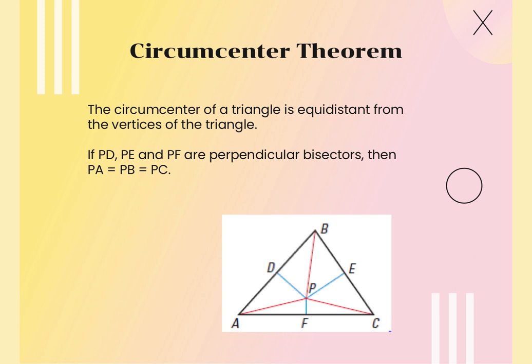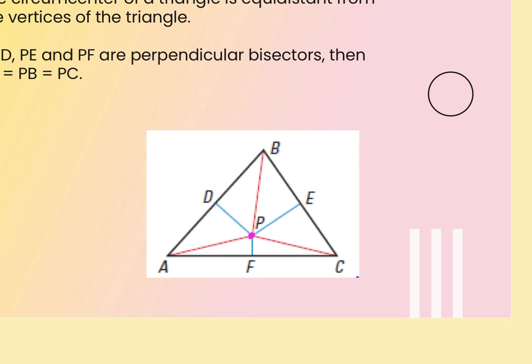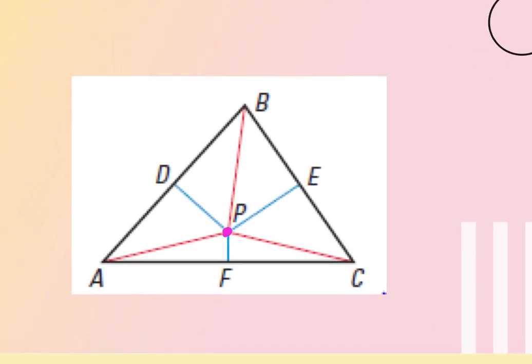All right, the circumcenter theorem says the circumcenter of a triangle is equidistant from the vertices of the triangle, or the point where the 3 perpendicular bisectors meet is equidistant from the vertices. So in this diagram, the perpendicular bisectors would be the blue lines, and I would know that because they are at the midpoint of each side, and they are perpendicular.